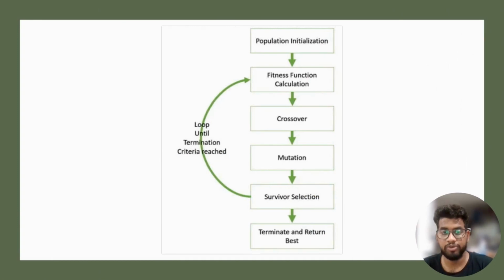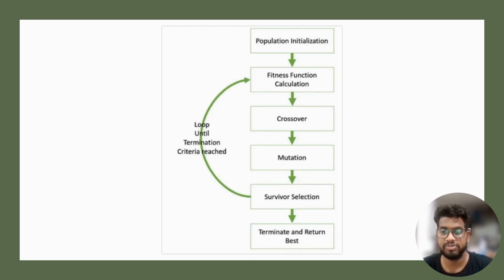Talking about how the flowchart of a genetic algorithm works, it starts with population initialization: you randomly generate an initial population of chromosomes. Fitness evaluation: you evaluate the fitness of each chromosome using the fitness function. Selection: select chromosomes from the current population to serve as parents for the next generation.